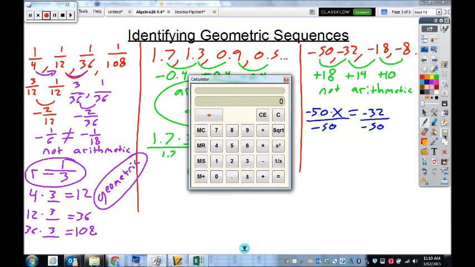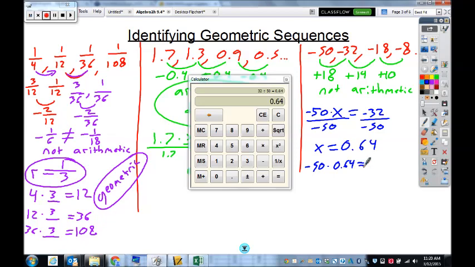And I'll say, all right, negative 32 divided by negative 50 is 0.64. Okay? So that means negative 50 times 0.64 equals negative 32.